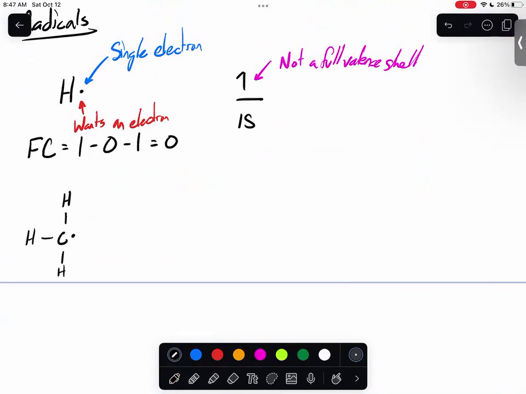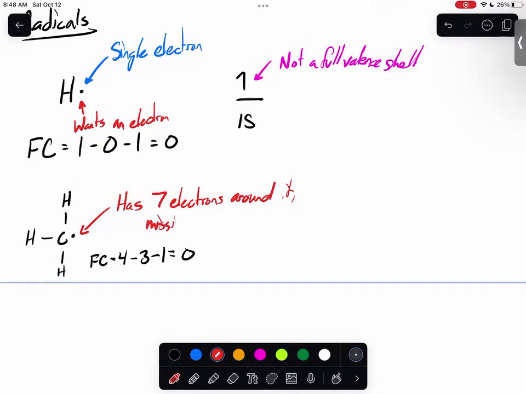The formal charge here is 4 minus 3 bonds, minus one unpaired electron, which is 0. But this only has 7 electrons around it, so it is missing an octet. Anytime something's missing an octet, it's still reactive. It wants an octet more than it wants a neutral charge.